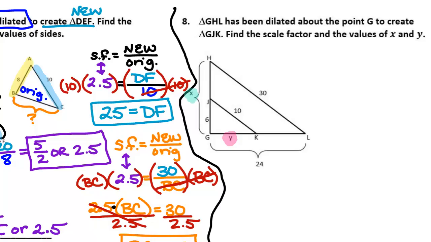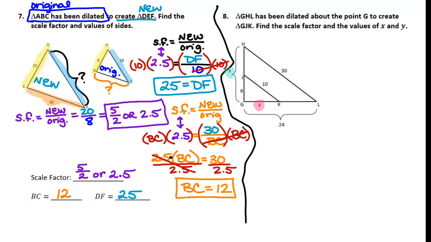This is very much like that problem. We've created similar triangles by putting one inside the other. It says triangle GHL has been dilated about the point G to create triangle GJK. Find the scale factor and the values of X and Y.